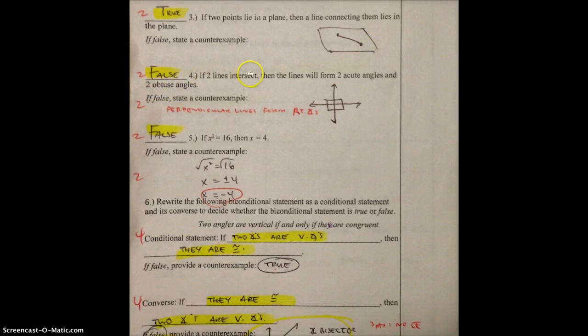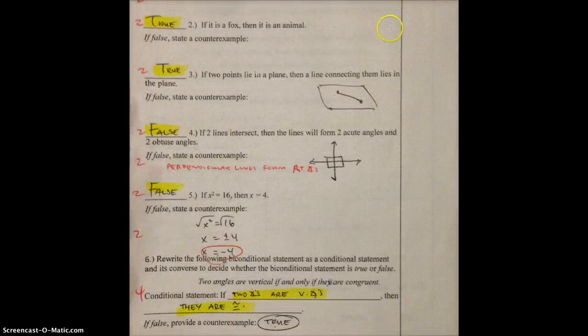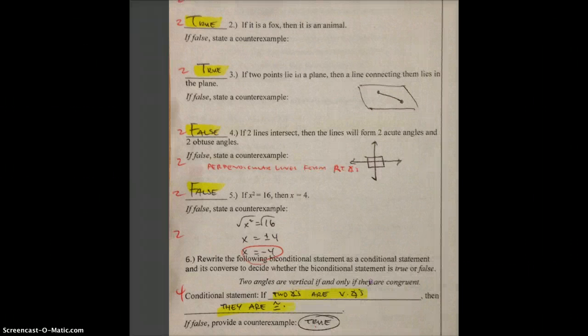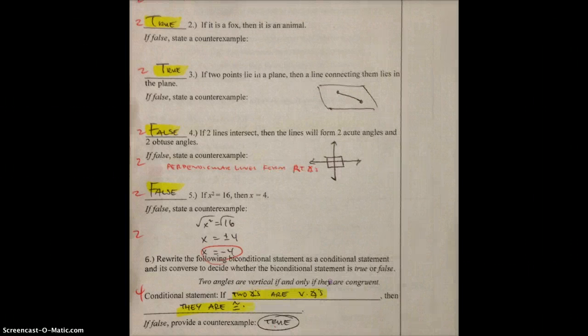Number 4, if 2 lines intersect, so here's my 2 lines, they will form 2 acute angles and 2 obtuse angles. That could be true if you just draw any other lines, something like this, that would be acute, and these are obtuse.